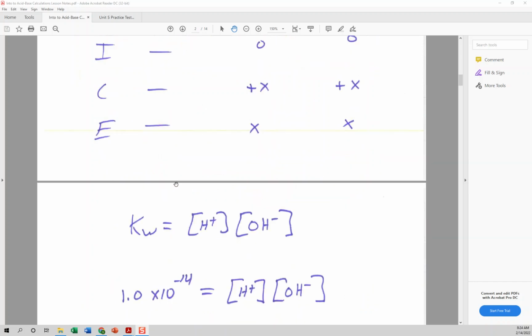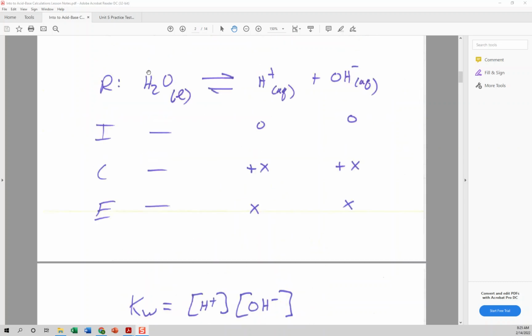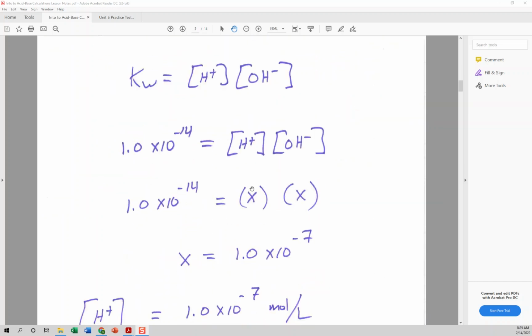So Kw is just equal to the concentration of H plus times the concentration of OH minus. Now again, because hydronium is synonymous with H plus, you could replace this with H3O plus. It's the same thing, all right? And we know what that number is equal to. At 25 degrees Celsius, we know that this is equal to 1 times 10 to the negative 14, all right? And we know that if it's just pure water, if that's all we start out with, then the amount of H plus and the amount of OH minus are going to be equal, so that would be X times X, so X squared.